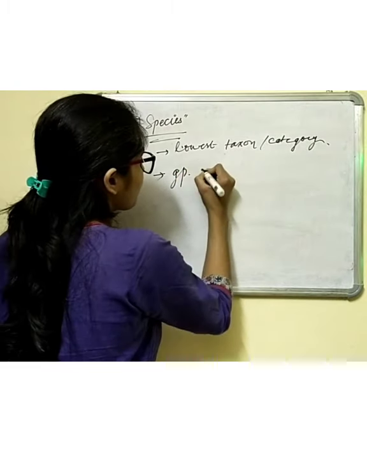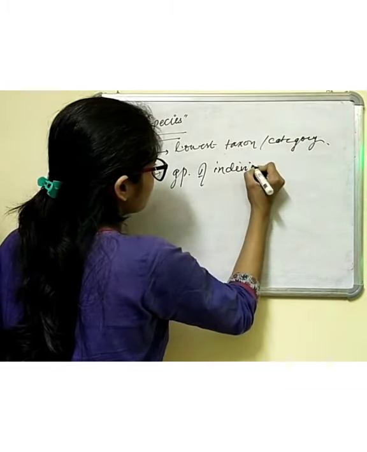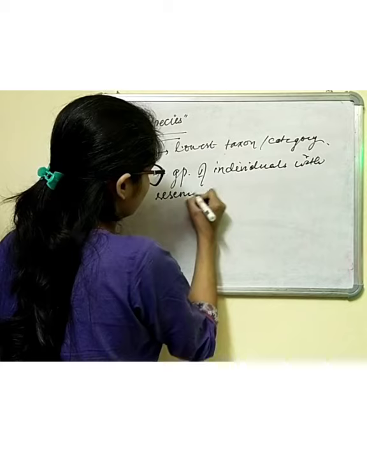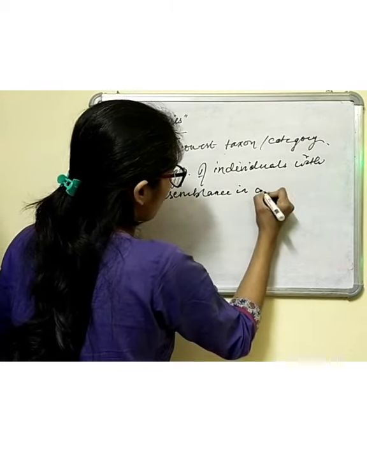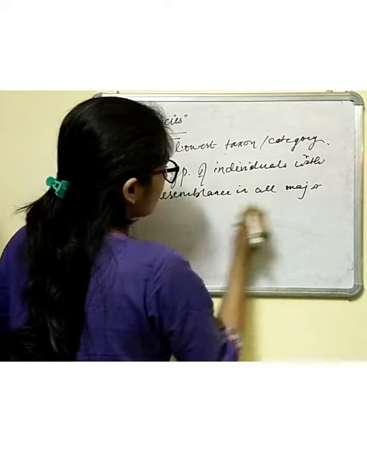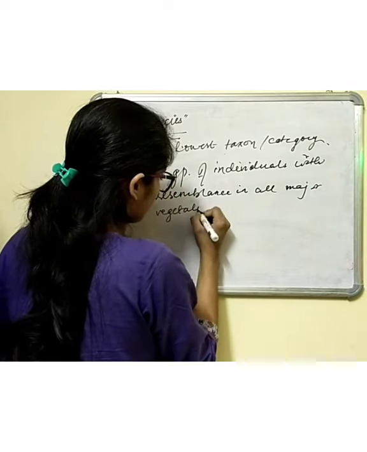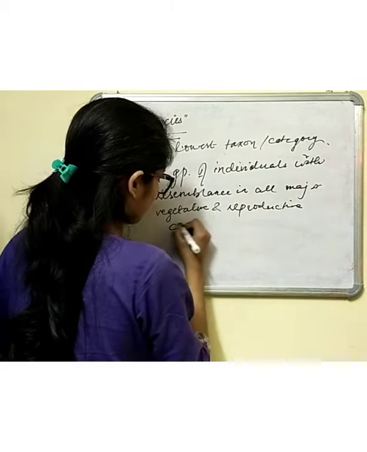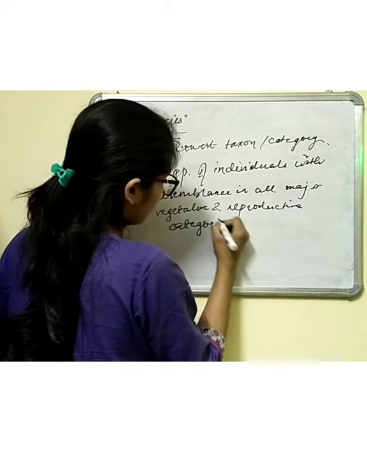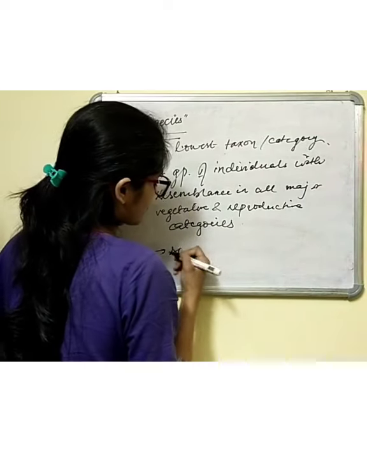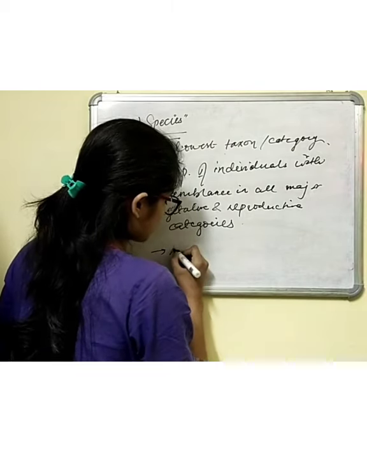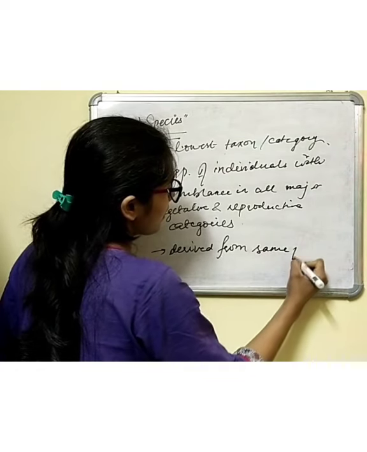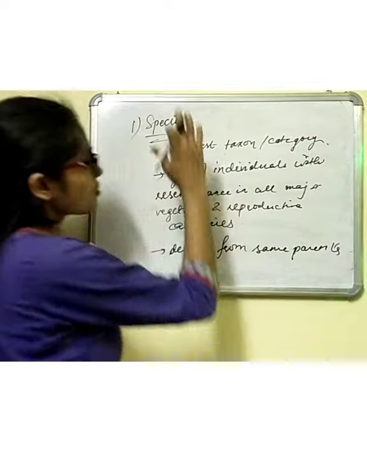It is a group of individuals with resemblance in all major vegetative and reproductive categories, and they resemble so much that it is said that they are derived from the same parents. So this is about species.